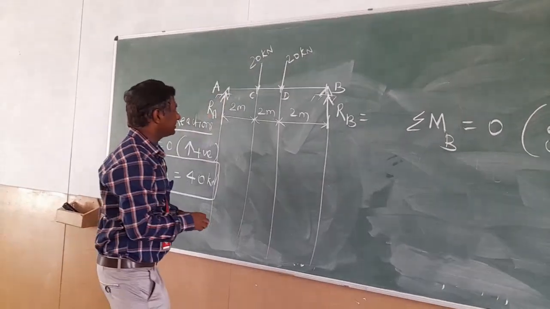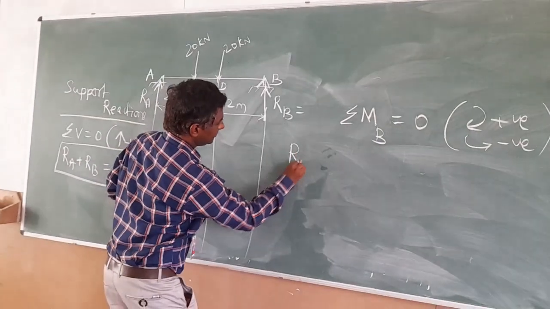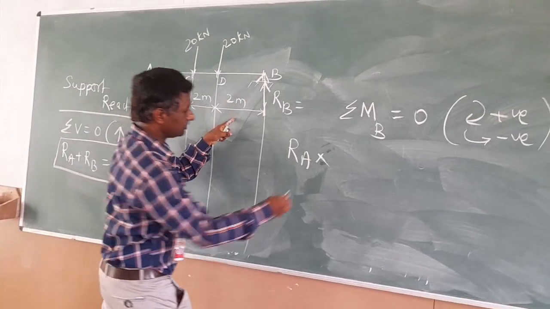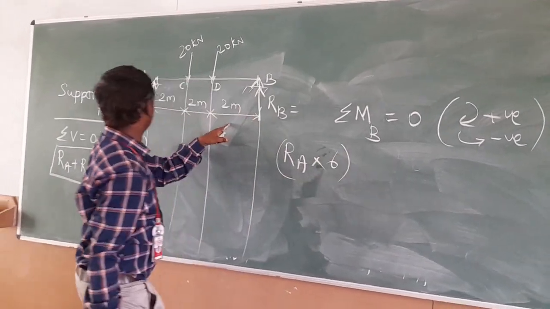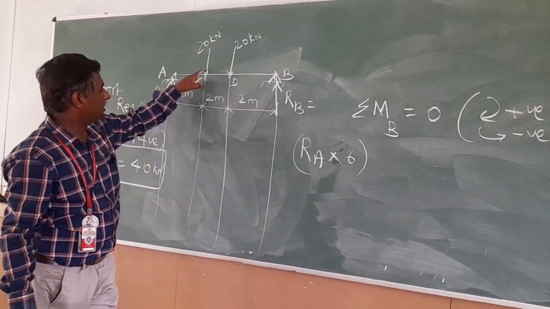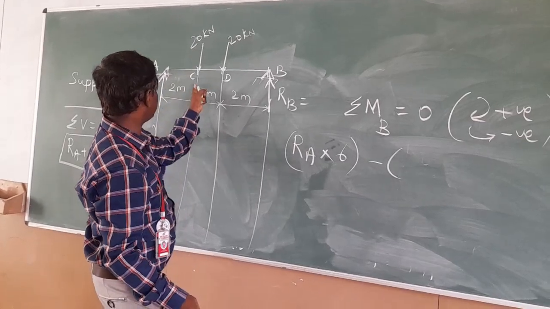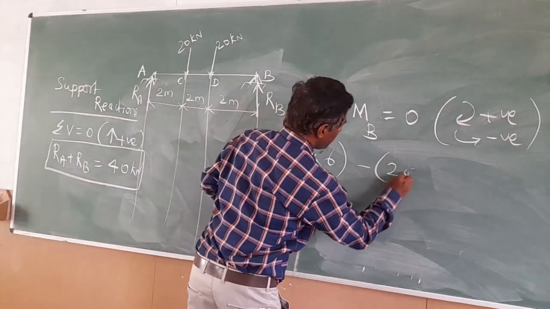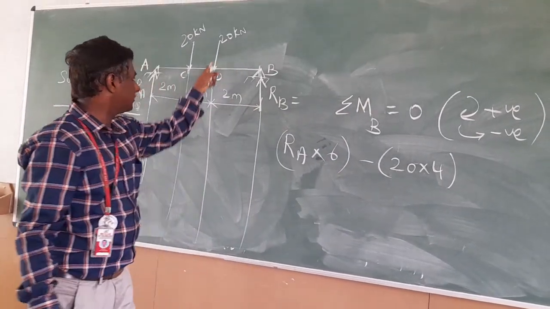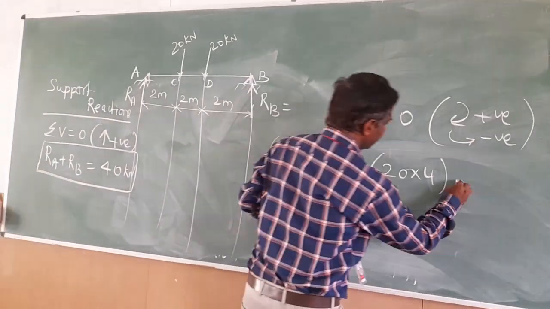Okay. So for that, I am taking RA into the distance 2 plus 2 plus 2, so total is 6. And the 20 kN load travelling to point B anti-clockwise is taken as negative. 20 into what is the perpendicular distance? 20 into 4. And this other 20 kN is also a downward force and travels to point B in the anti-clockwise manner, taken as negative.